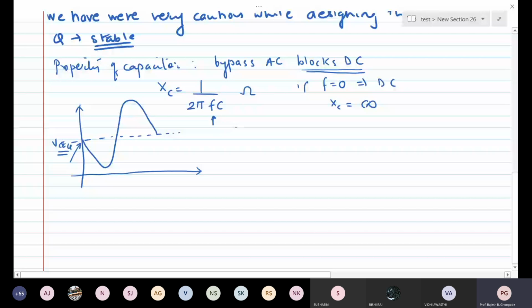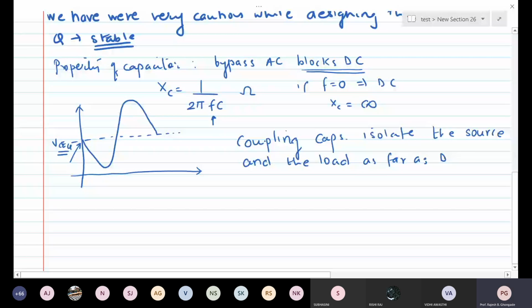So we have seen the polarity of the capacitors also. Essentially, we can say that the coupling capacitors isolate the source and the load as far as DC is concerned.